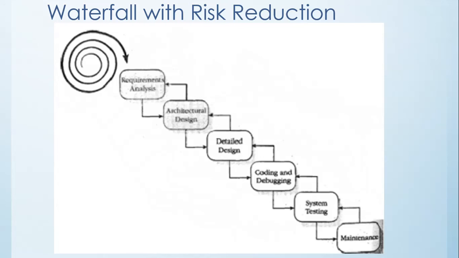Modifying the waterfall again only slightly, you can put a risk reduction spiral at the top of the waterfall to address the requirements risk. You can develop a user interface prototype, use system storyboarding, conduct user interviews, videotape users interacting with the older system, or use other requirements gathering practices that you think are appropriate.